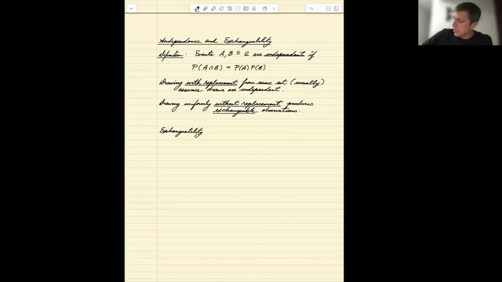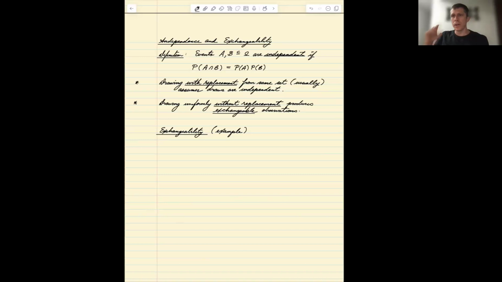I'm going to go through a simple example here, then we'll go through a more involved example. Rolling dice is a good example of sampling with replacement, or a lottery, drawing balls out of a box with replacement. No, I'm sorry. A lottery is a good example of drawing without replacement, so that would be an exchangeable situation.